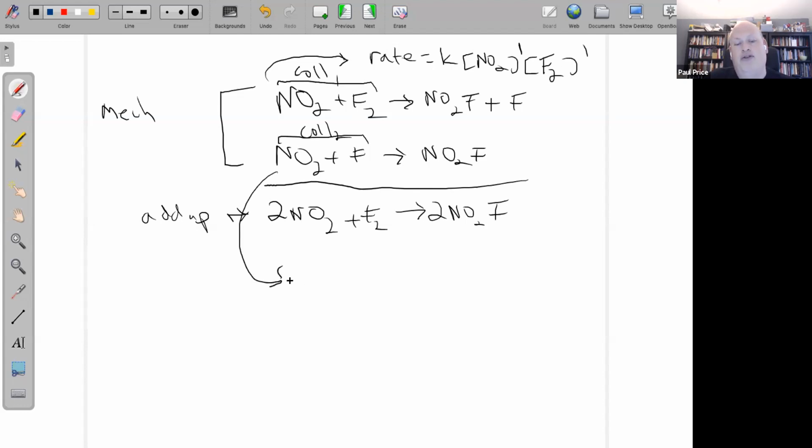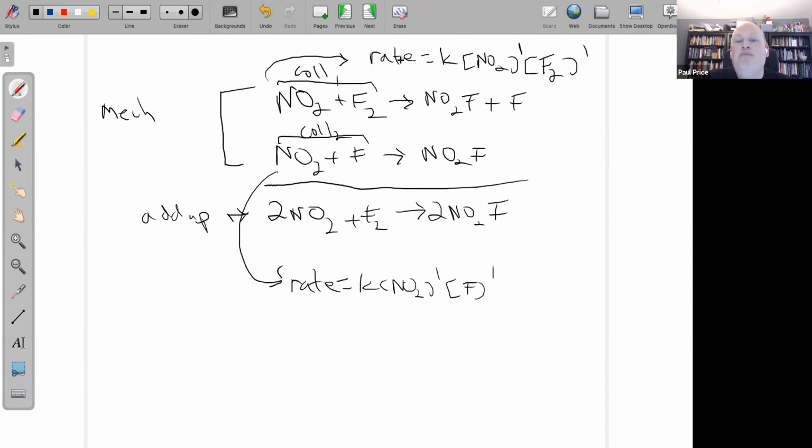But down here, the rate law would be equal to K times NO2 to the first times F to just the first power. Because in the second step, the collision is only an NO2 and an F. So if I double the amount of NO2, I'll double the collisions with F. If I double the amount of F, I'll double the collisions with NO2, all right?